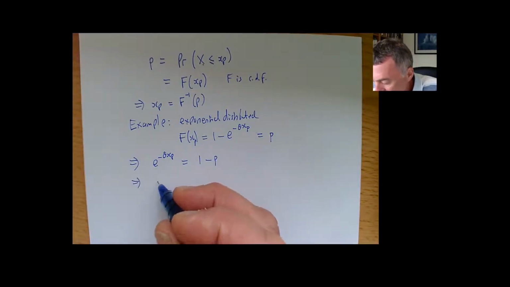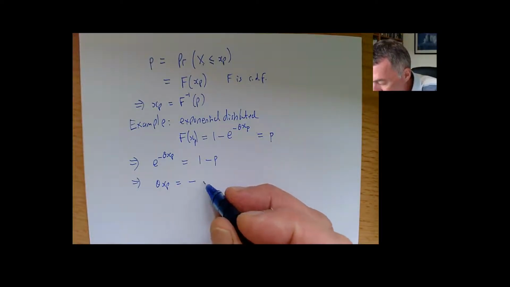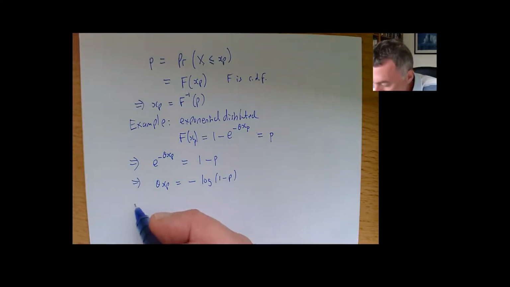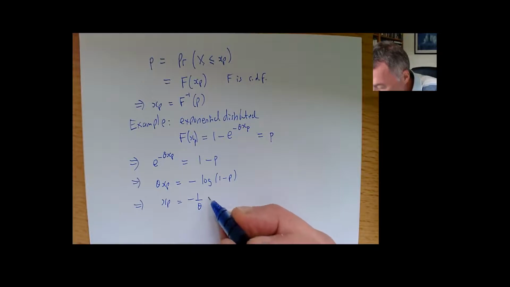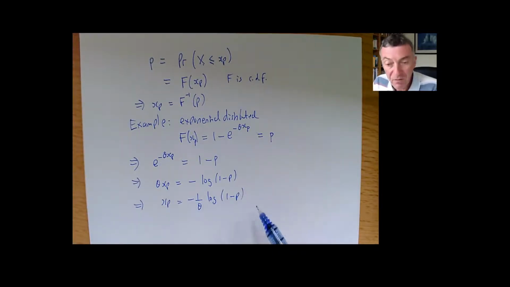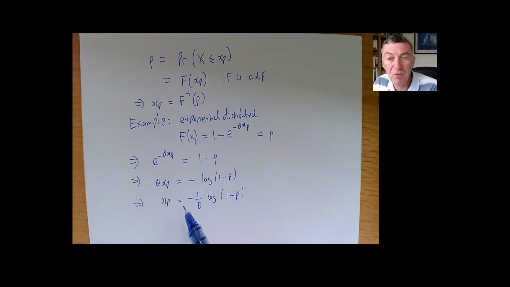That means that theta x_p is minus log of 1 minus p, and that means that x_p is just minus 1 over theta, the scale parameter of the distribution, times log of 1 minus p. So if I give you the p, the 0.5 or the 0.9, whatever probability I'd like, then put it into here, and you can find yourself the quantile. So that's a theoretical quantile.